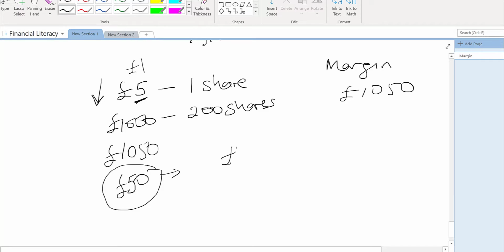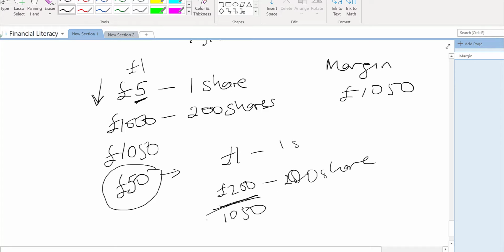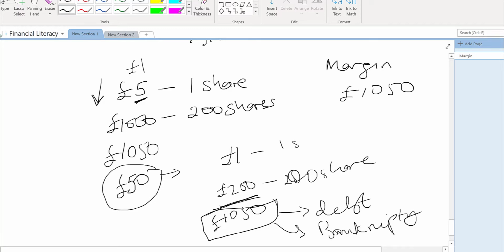And when that happens, what would you do? You are not even able to pay your broker their money back. This is when they will pursue you for debt. And this is how people get bankrupt and get in so much debt, and some of them might do unbelievable things to themselves.